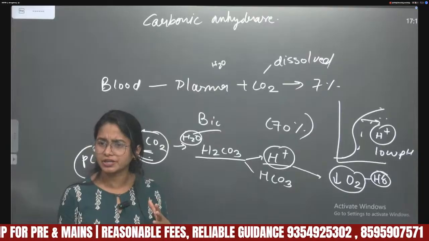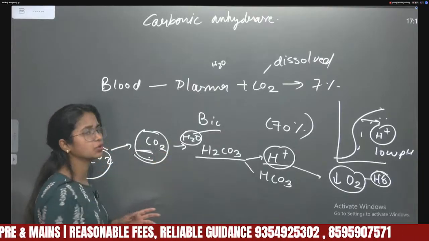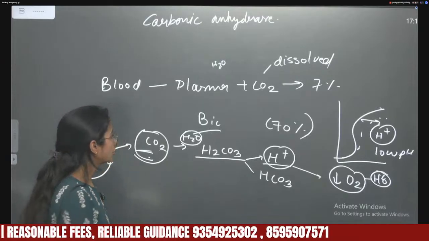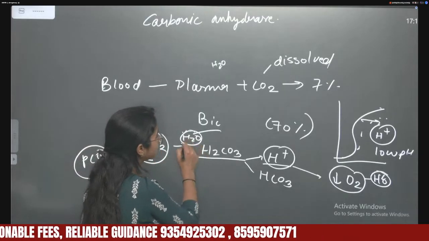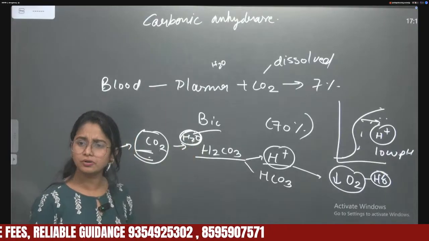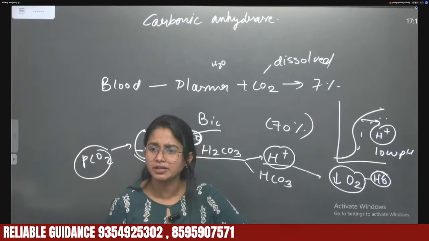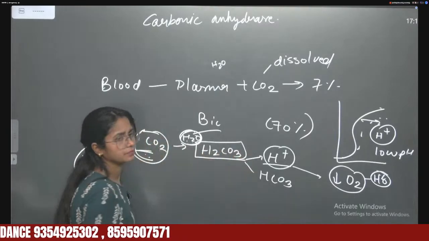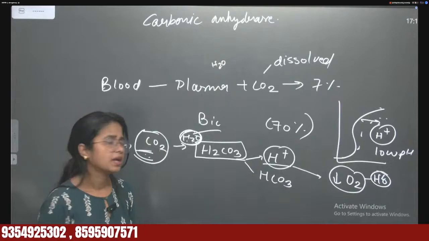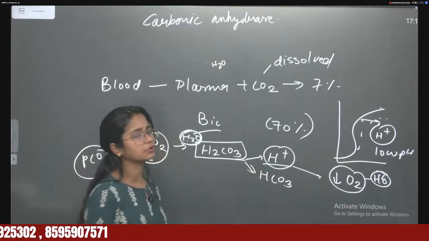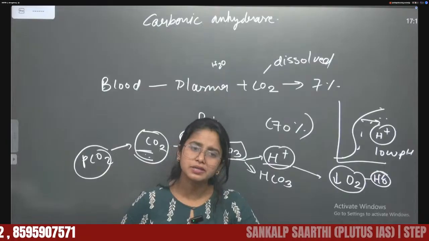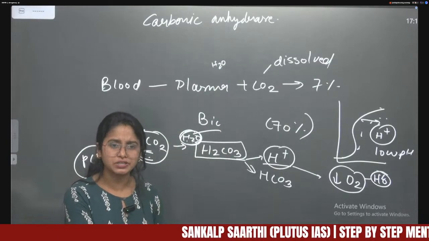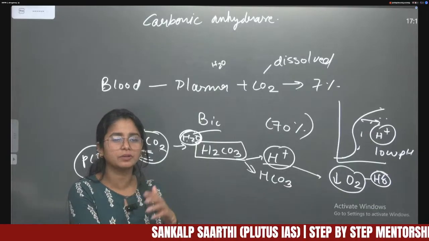Suppose at very polluted areas, you are inhaling the CO2 because the oxygen is not available. So CO2 is getting bound with the H2O. There is water present in your blood normally, so it binds with the water and forms carbonic acid. And carbonic acid itself breaks down into H plus and HCO3 minus. It actually breaks down by itself, required for the maintenance of ionic balance.